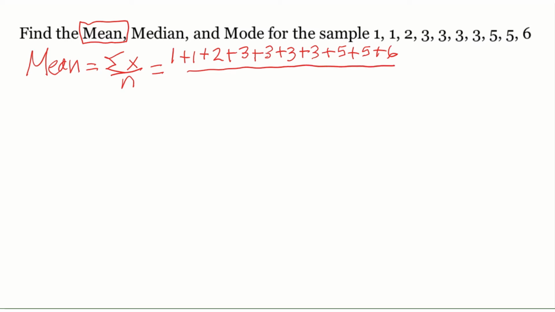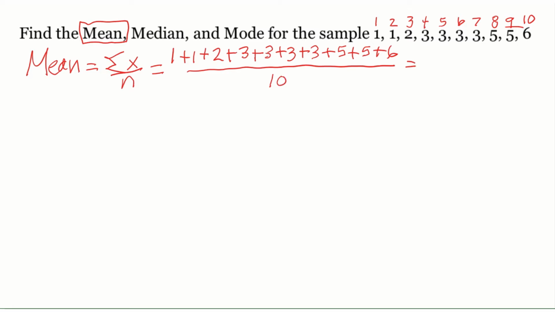Now in this problem it doesn't tell us how big our sample size is, but they did list out the data, so all we have to do is count the number of data points, and that's going to tell me how big my sample is. So that tells me I have 10 data points, so my sample size n is going to be 10.